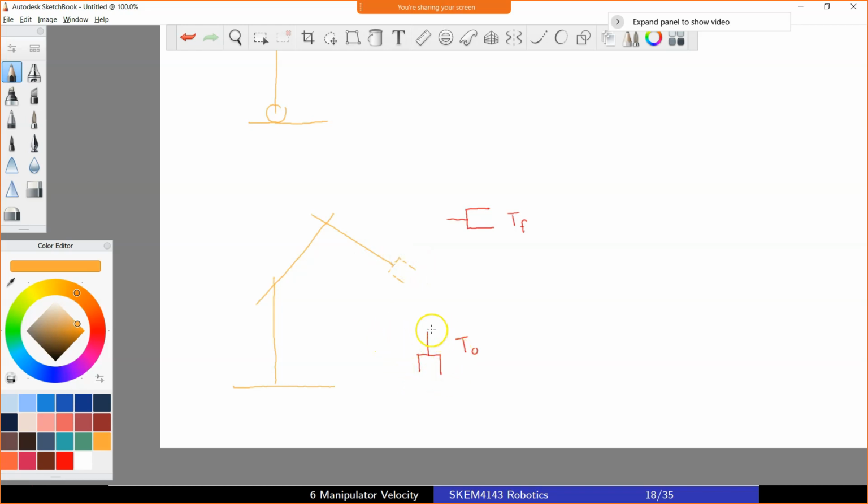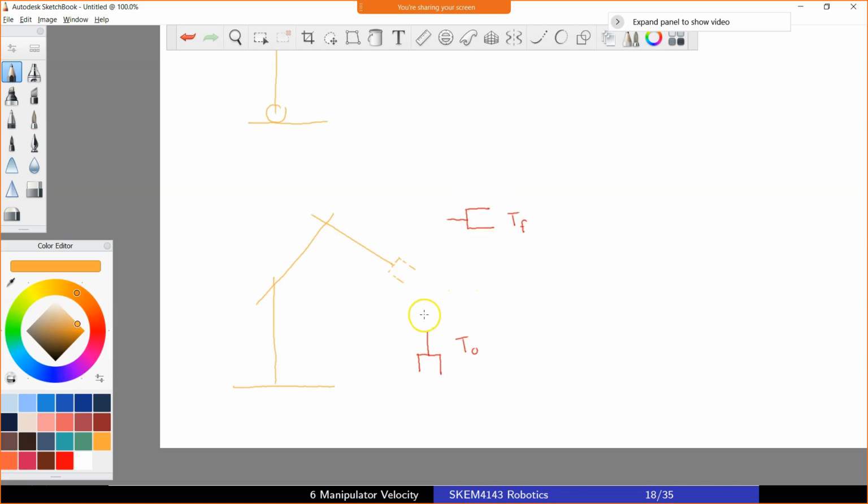Begin from this pose and end up in this pose, we can design the trajectory for every joint using the 434 trajectory, for example. And in chapter 5, we do not care how the end effector behaves between these two poses. All we care is that it has to start from this pose and end up in this pose.